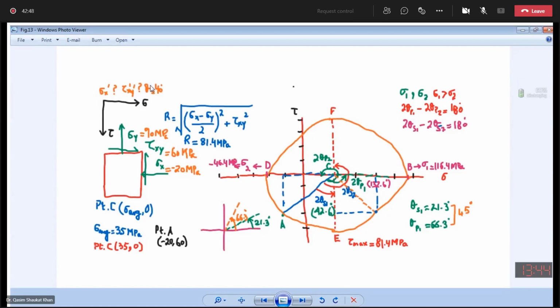We know that theta on the element will be equal to 2 theta on the Mohr circle. I repeat, theta on the element is equal to 2 theta on the Mohr circle. So theta is 40, so 2 theta will be 80 degrees, and the sign convention will be the same, counterclockwise.